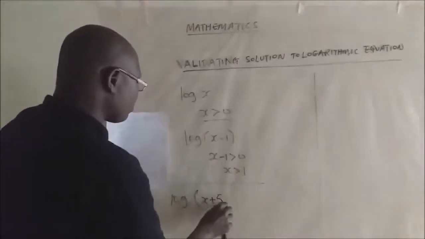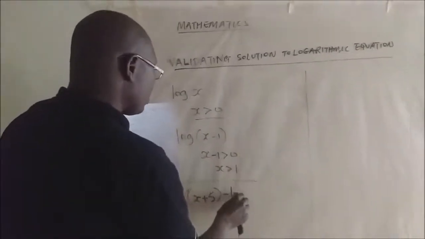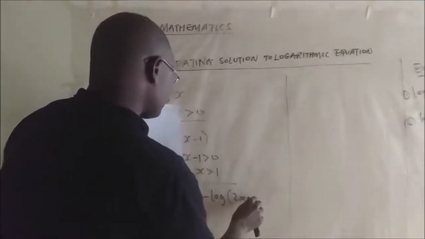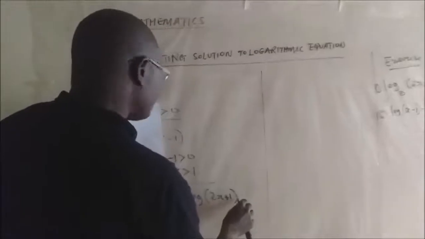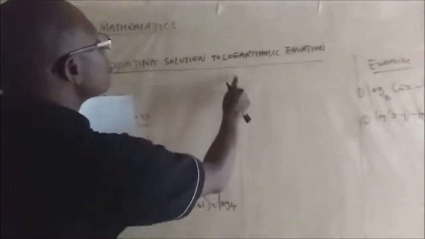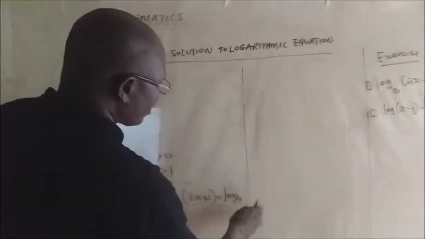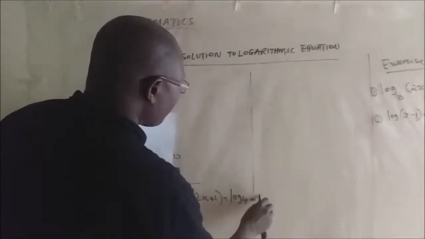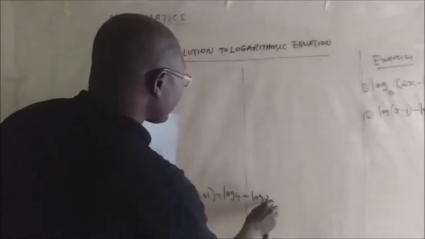Log of x plus 5 minus log of 2x plus 1 equals log of 4 minus log of x.